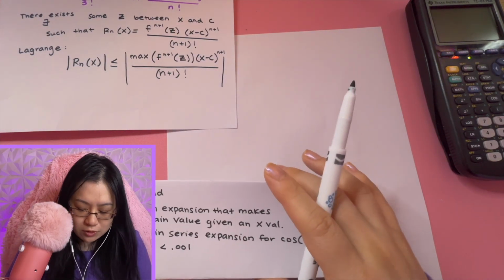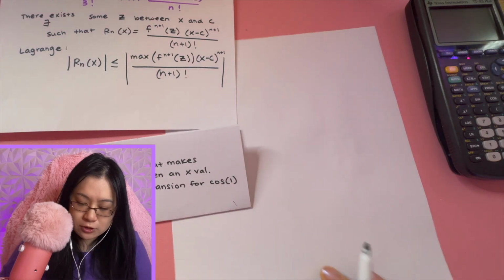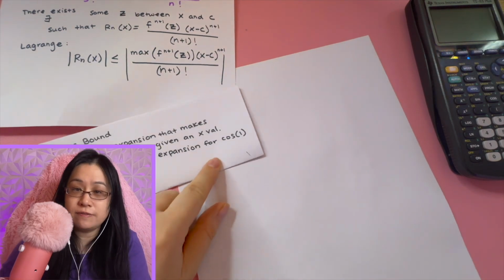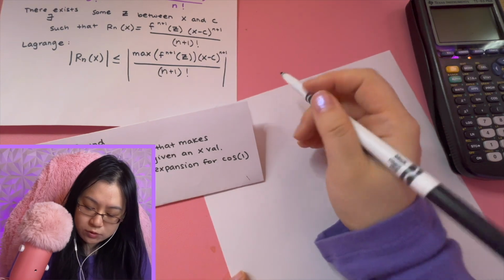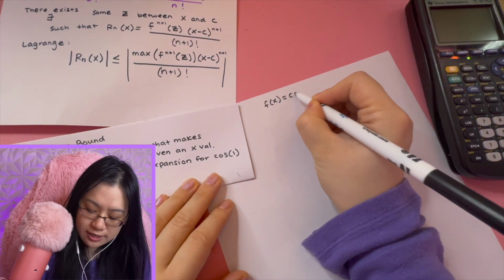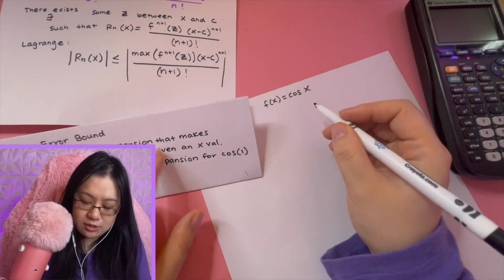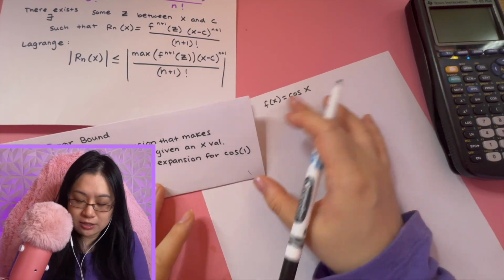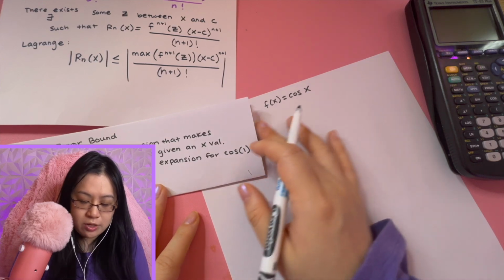So first of all, in this case, our function is cosine of x. We're looking for cosine 1, but the general function is cosine x. And so given an x value, in this case the x value is 1.